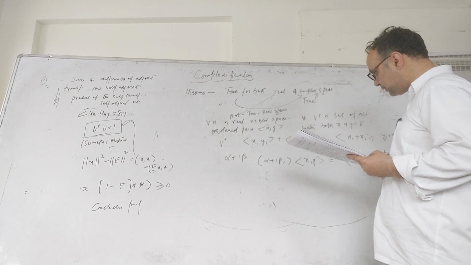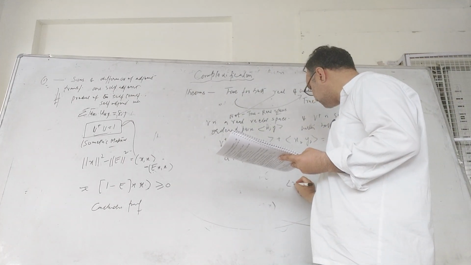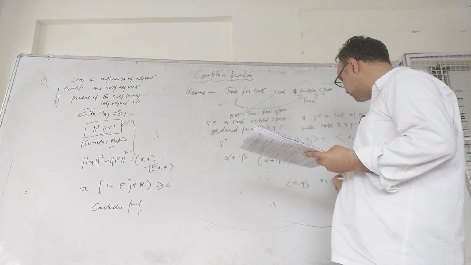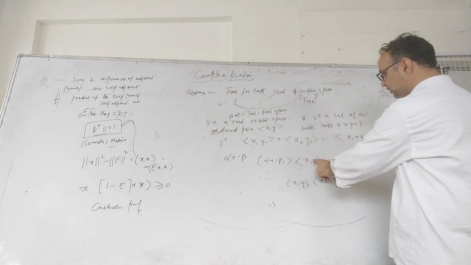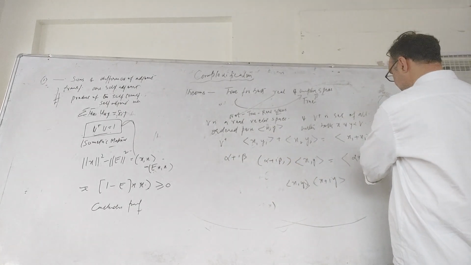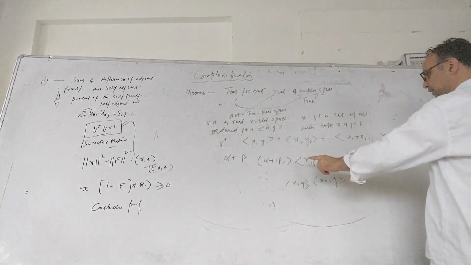Here (x, y) is x plus iota y. So you can have alpha x, iota squared, so that's why minus beta y, beta x and alpha y.